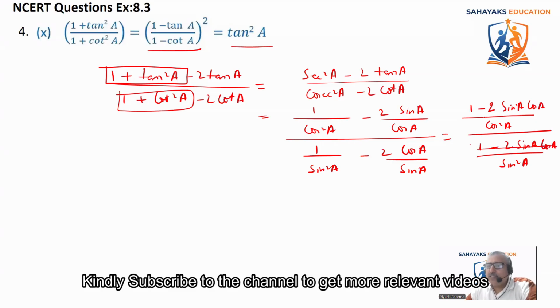So 1 minus 2 sine A cos A will get cancelled with 1 minus 2 sine A cos A. It becomes sine square A divided by cos square A, and that is equal to tan square A. So that is also proved.